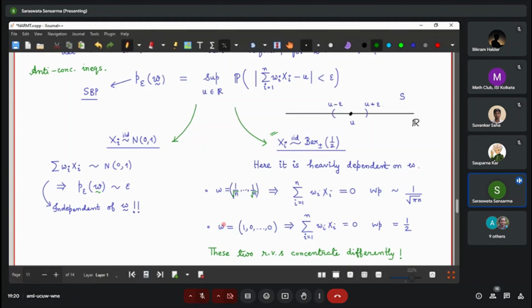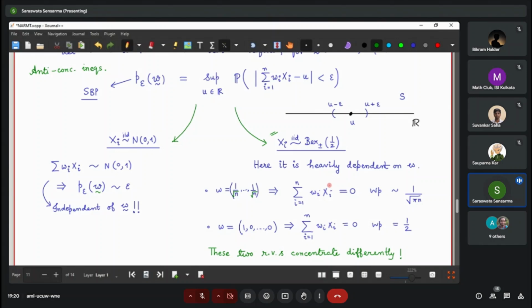But if you just take W to be 1, which is also a vector with the same norm, then this summation being 0 is with probability half. So there's a huge discrepancy, and it really does matter what W is. The question is how to decipher which W gives a good concentration and which W does not.